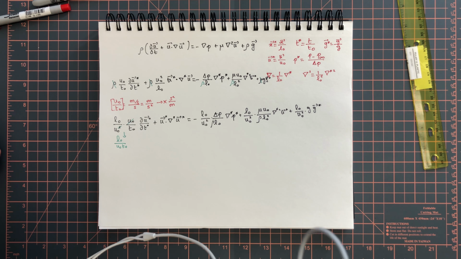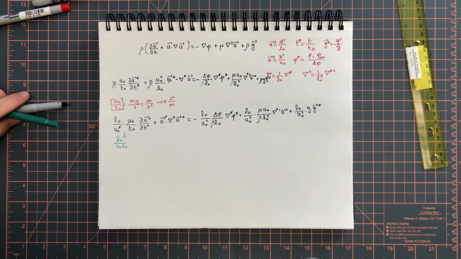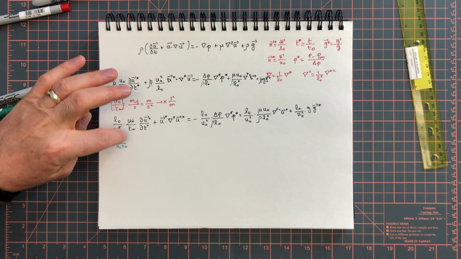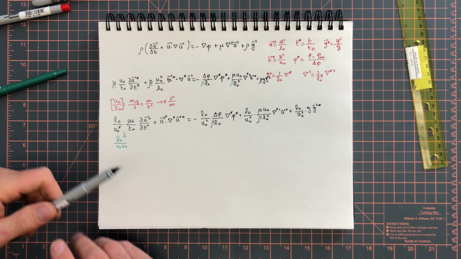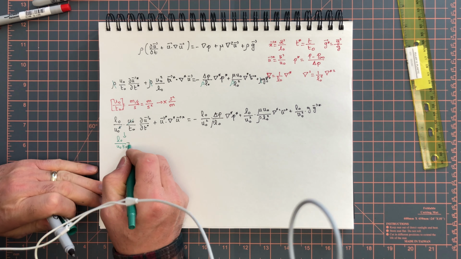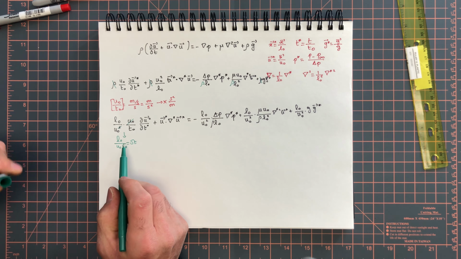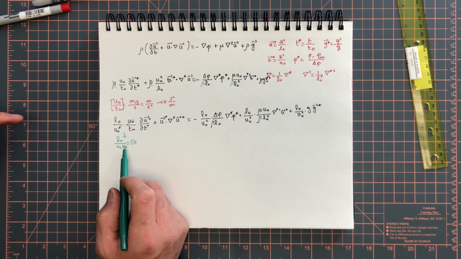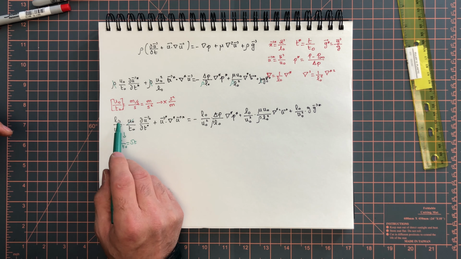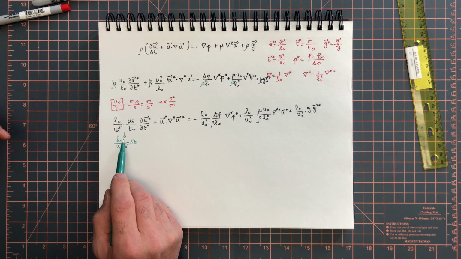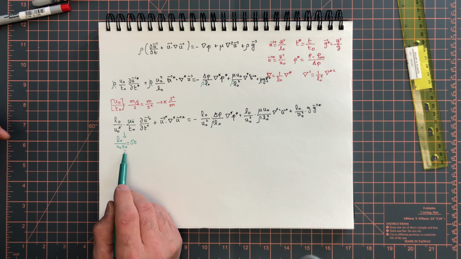And the Strouhal number is defined as FL over U. And with that frequency definition, we can turn this into a Strouhal number. So that is equal to the Strouhal number. Now, why does this matter? Why would we keep T0 as is and not use a velocity scale like L0 over U0, for example?